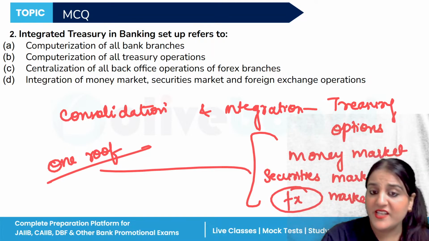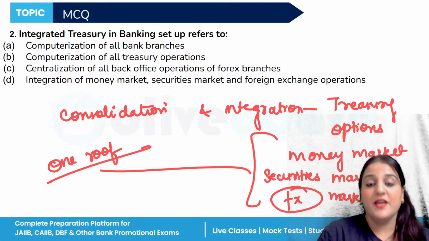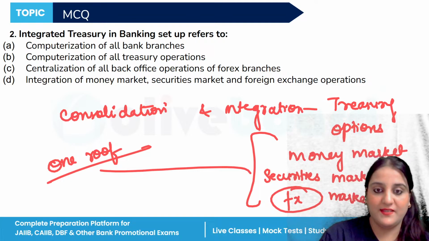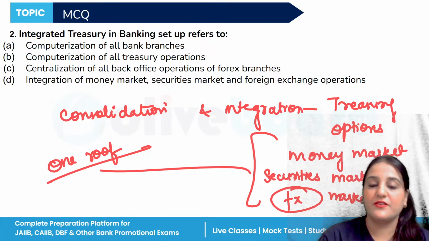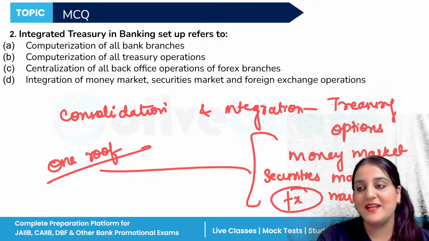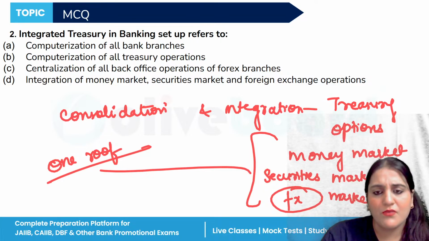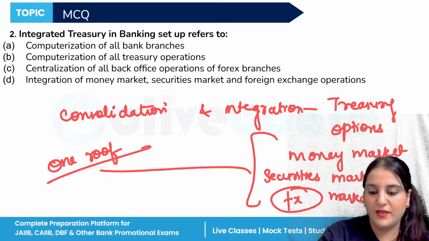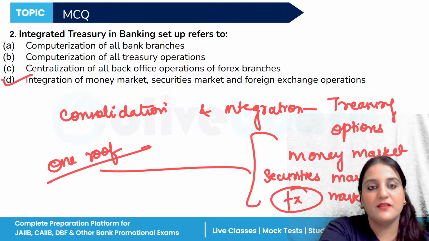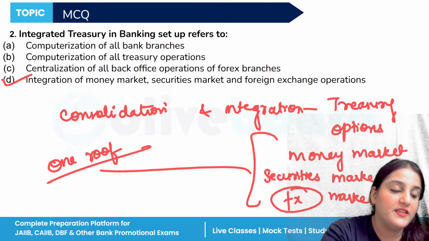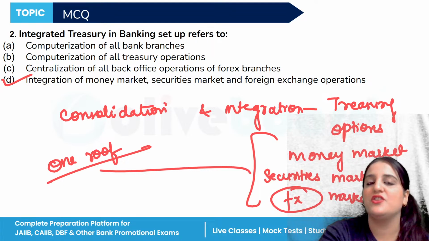The goal of integrated treasury management is to improve efficiency, minimize cost, and reduce risk by having a centralized approach to handling multiple asset classes and market operations. So the correct answer is option D, which is integration of money market, securities market and foreign exchange operations.